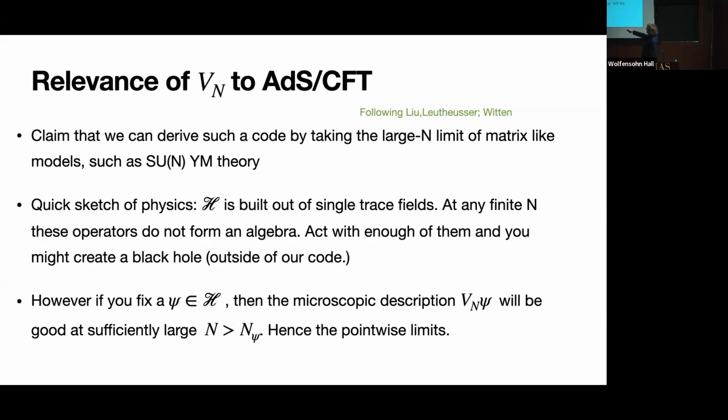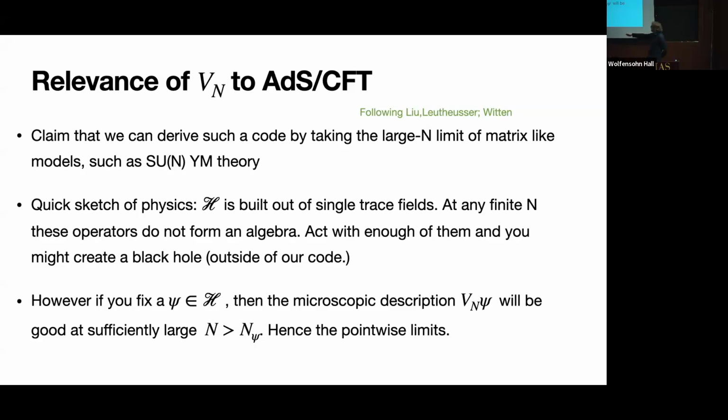So the bulk Hilbert space will be built out of single trace fields. At any finite n, these single trace fields, as I mentioned, don't form an algebra. If you act with enough of them, you might create a black hole. And that should be outside of the code that we're trying to describe.